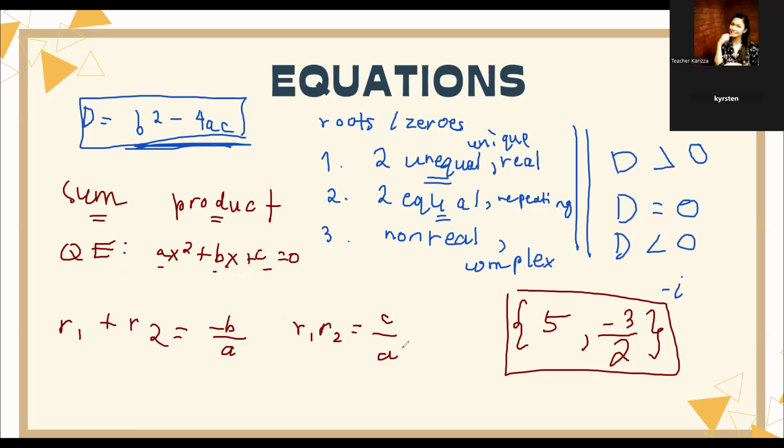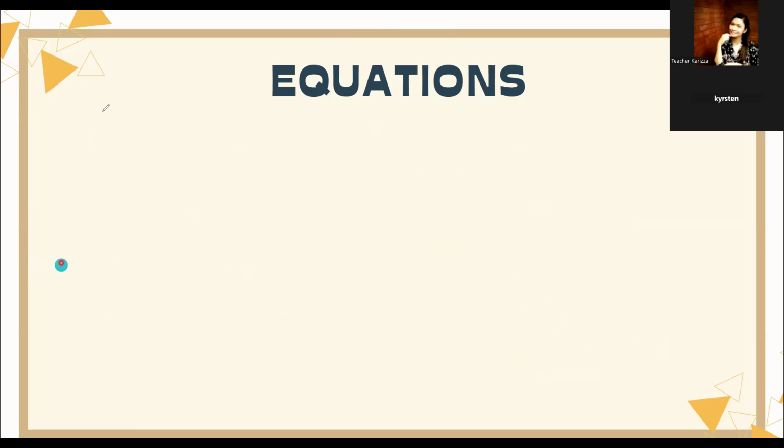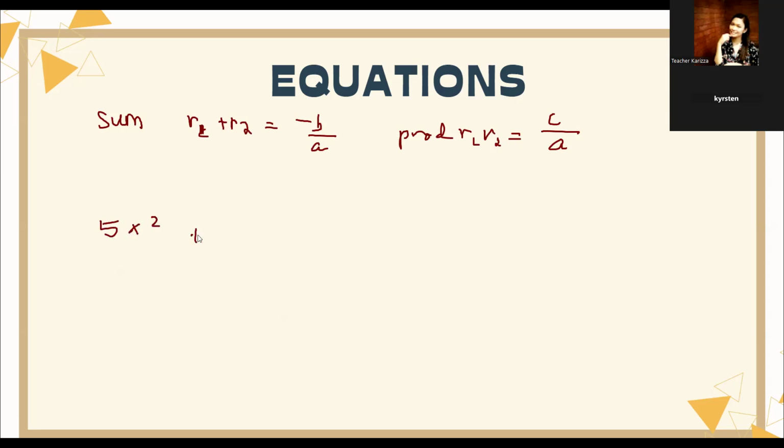So all you need to do is, if you have an equation, let's try an equation for this one. For sum, R1 plus R2 is equal to negative B over A. And for product, R1 times R2 is equal to C over A. If, for example, you have the equation 5x squared plus 2x plus 3 is equal to 0.